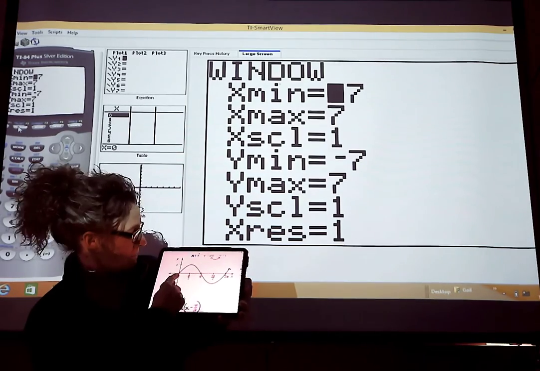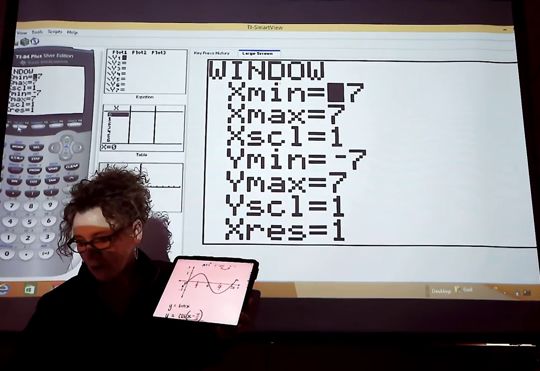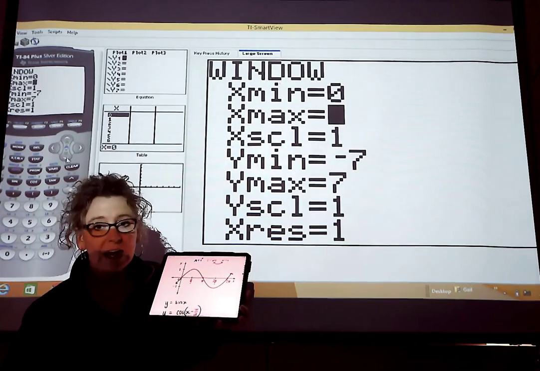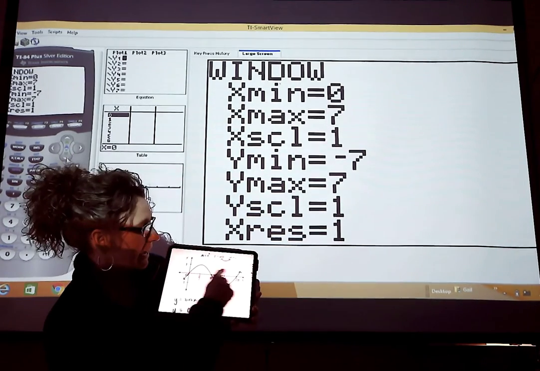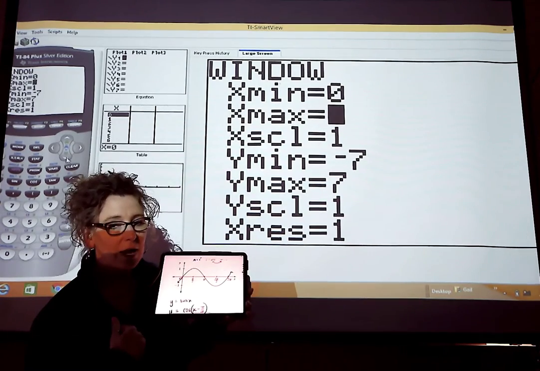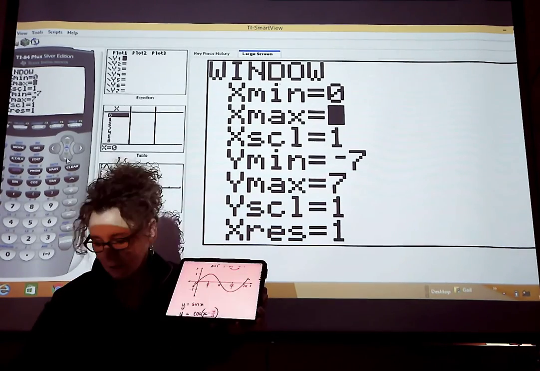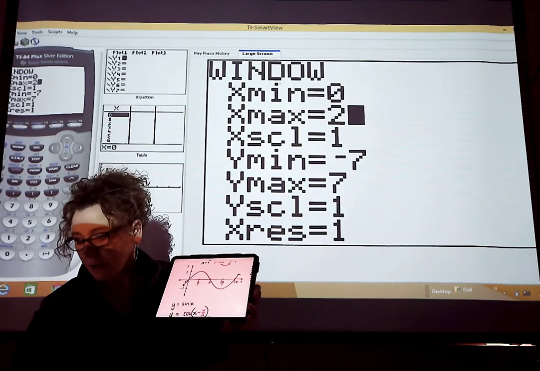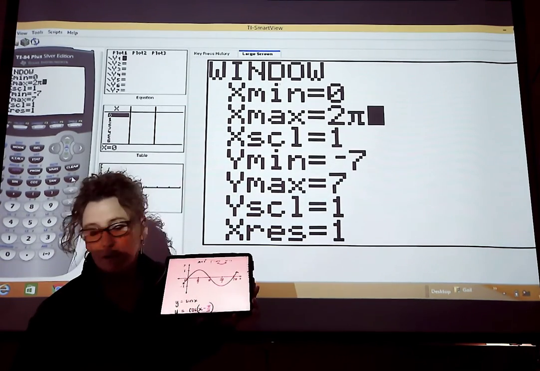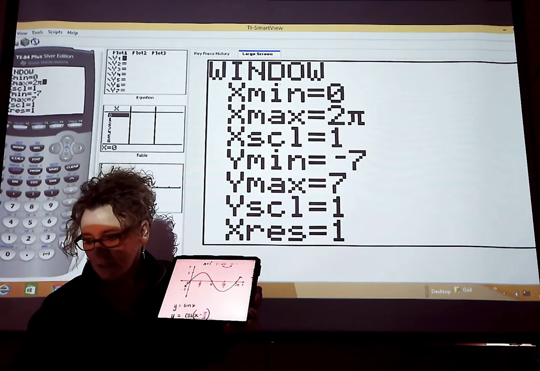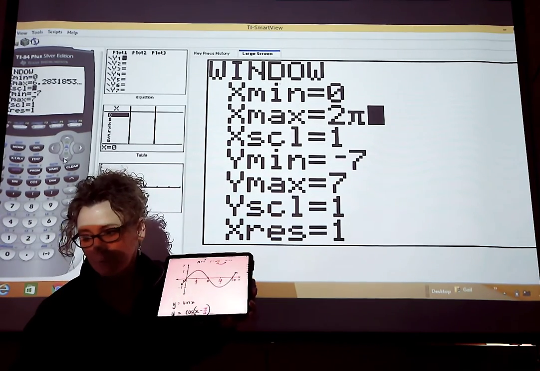I want my x-min, my smallest x value, to be 0, and then arrow down. X-max: what's the last value you see on your x-axis? I see 2 pi. I'm going to type in 2 pi, literally, 2 and pi. Watch, when I arrow down, it accepts it in decimal form.